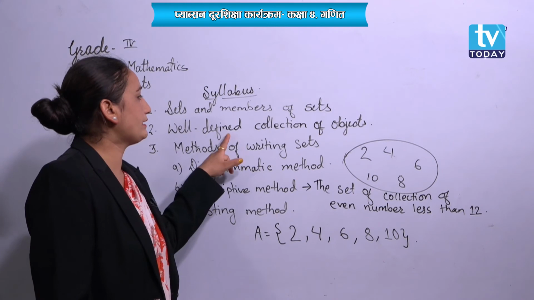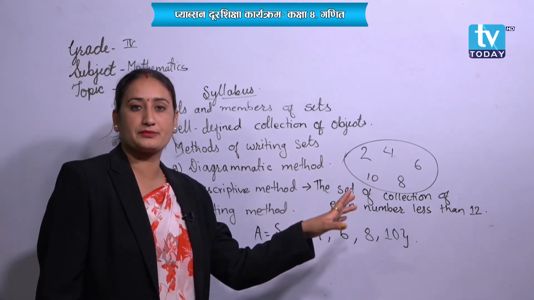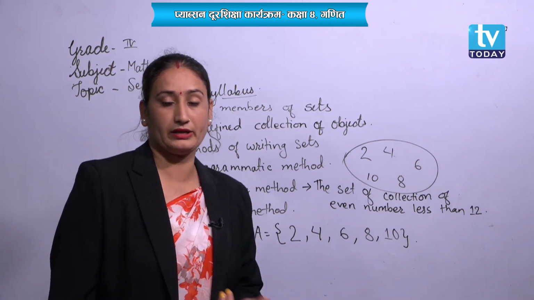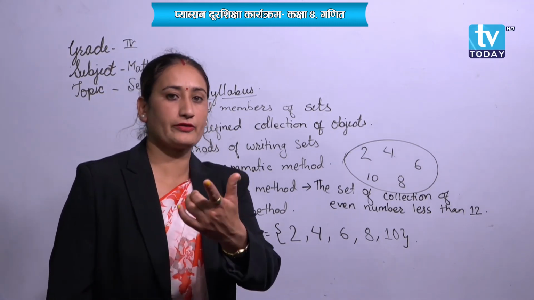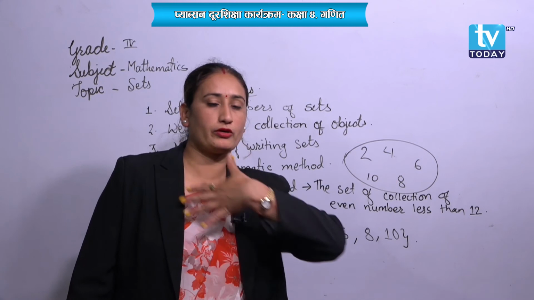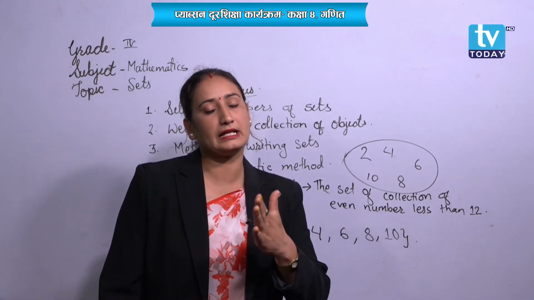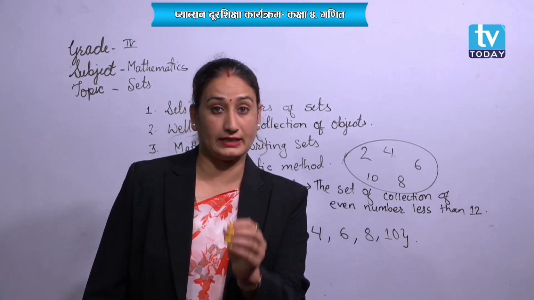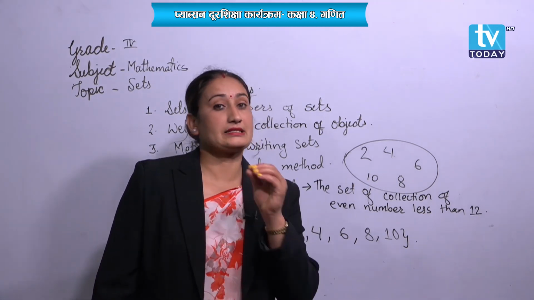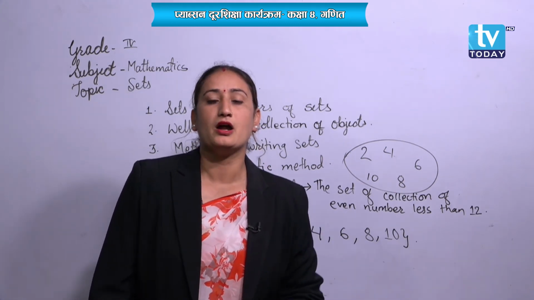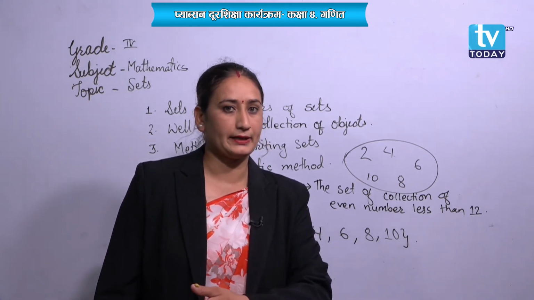Well-defined collection of objects, you already know about it. Your favorite food and our favorite fruits. If it is denoted for a single person, that means it's well defined. If it is a collection of all people, then it's non-well defined.